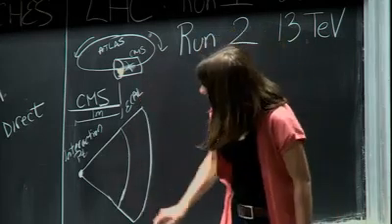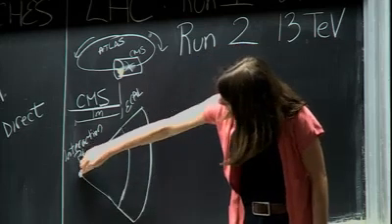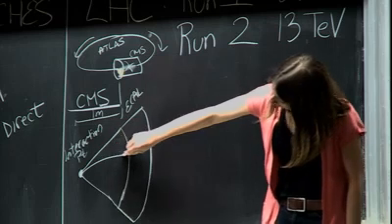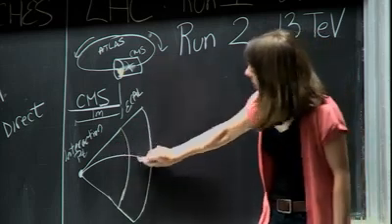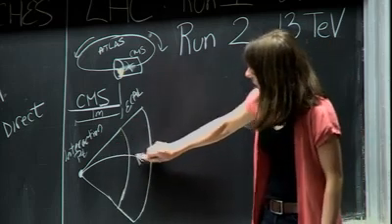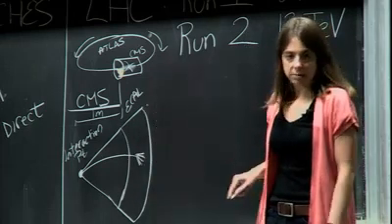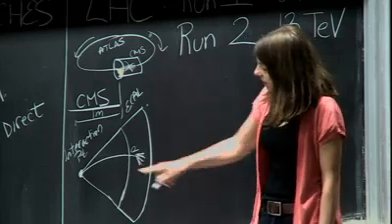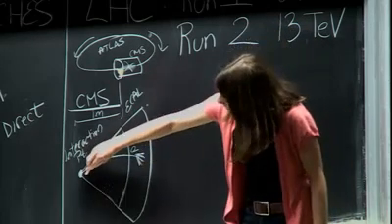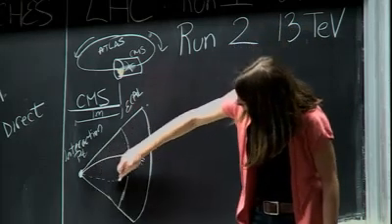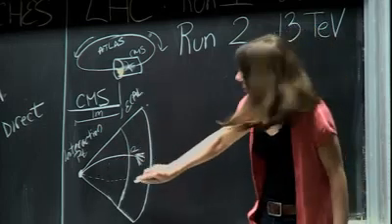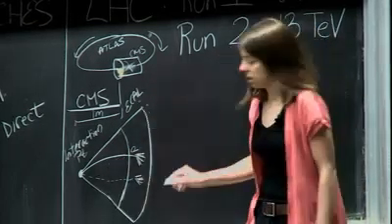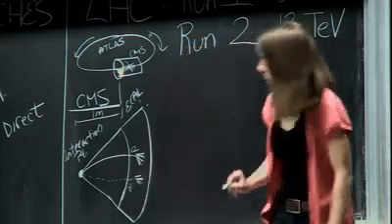For example, if an electron is produced at this interaction point, it would be observed as a curved track here, and then it would deposit a ton of energy in this electromagnetic calorimeter. So this would be an electron. If instead a photon were produced at the interaction point, you wouldn't observe it in the tracker because it's not charged, but it would deposit a bunch of energy here in the electromagnetic calorimeter.